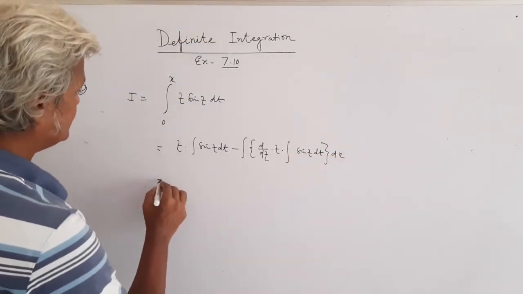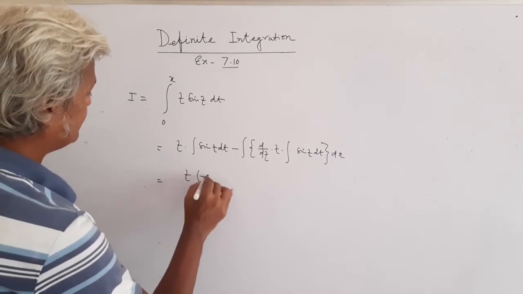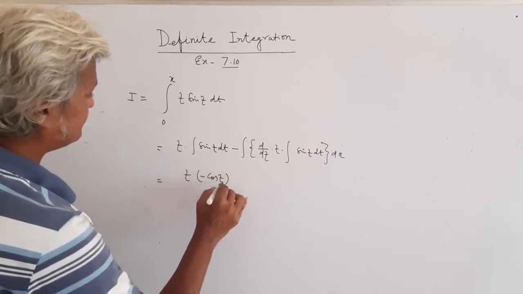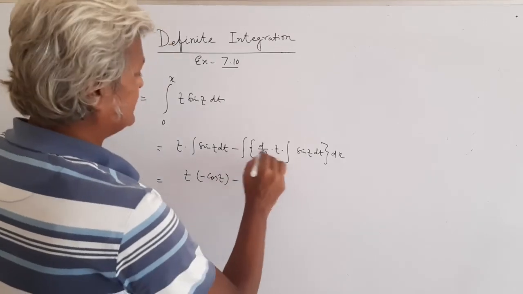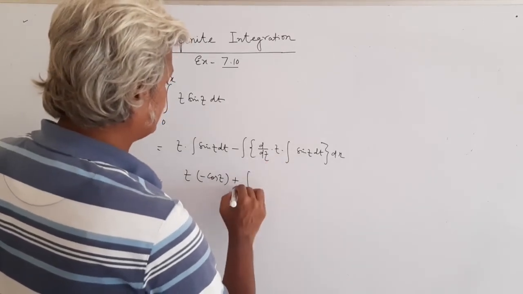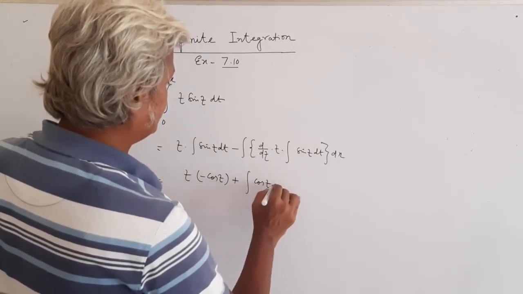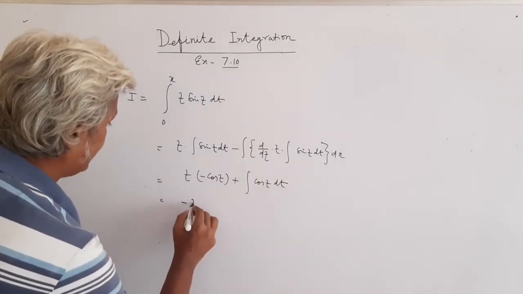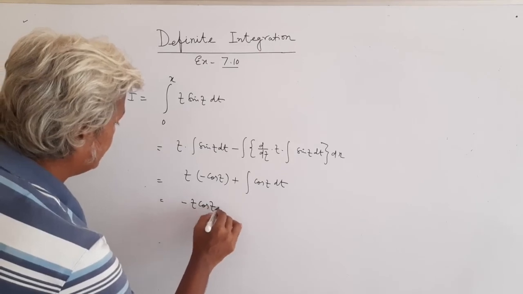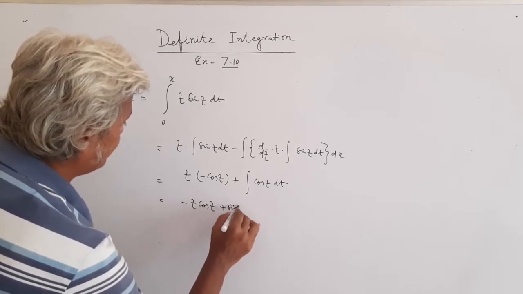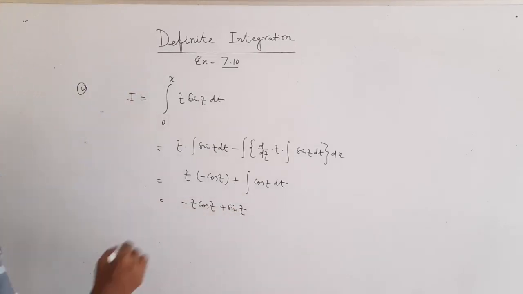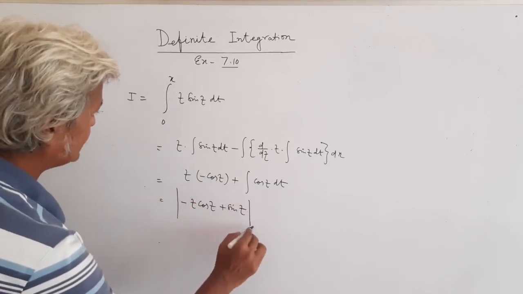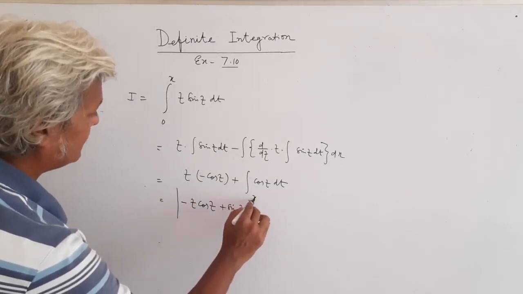So this becomes t, this is minus cos t, minus, this becomes 1, this becomes minus cos t, so plus cos t dt. If you integrate one more time, it becomes minus t cos t plus sine t. Now we have to put the limit into this, that is from 0 to x.